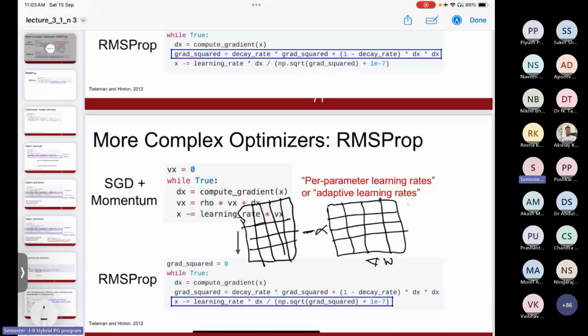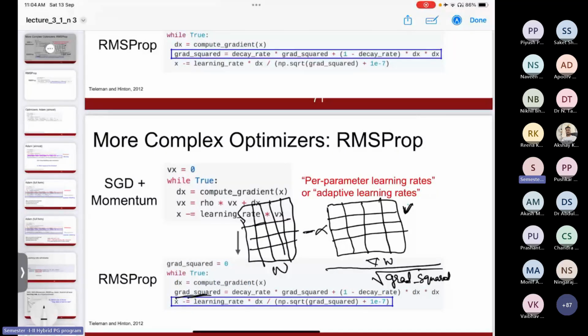Okay, this was happening in the case of SGD. Now here we are not subtracting this as it is. Instead, we are dividing it by this term, the square root of gradient squared.